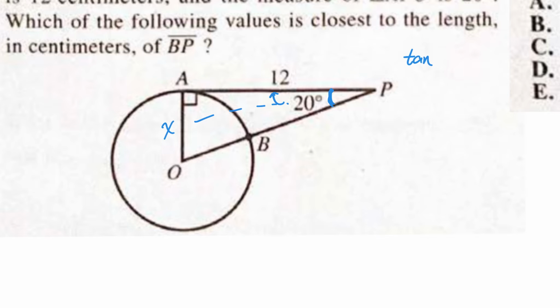So the opposite adjacent is tangent. Make sure in your calculator that you are set equal to degrees. But tangent of a 20-degree angle is going to be the opposite side over the adjacent side. So in order to get x by itself, we're going to multiply times 12 to both sides. So I'm going to put in my calculator 12 tan 20.